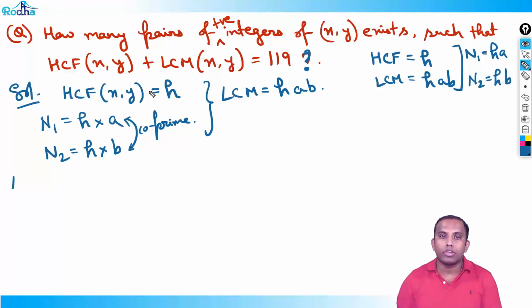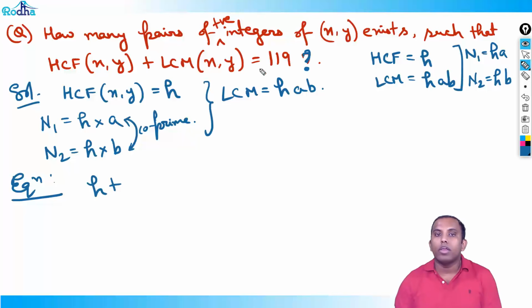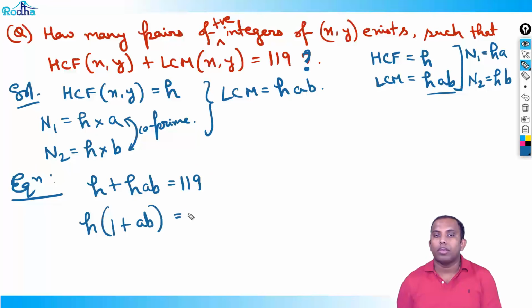Now let's put this equation here. HCF of x, y is h. LCM of x, y is hab. So h plus hab is equal to 119. So h you take as common, so h into 1 plus ab is equal to 119.